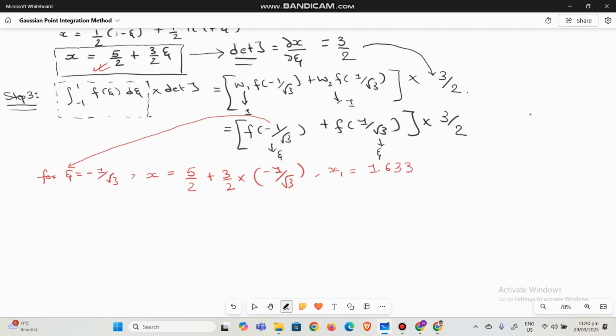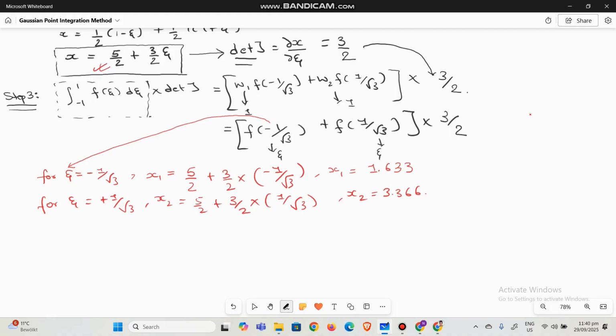Okay, similarly for xi equals +1 over root 3, you are going to get the value of x as 5/2 plus 3 over 2 times positive 1 over root 3, which is eventually going to be 3.366.